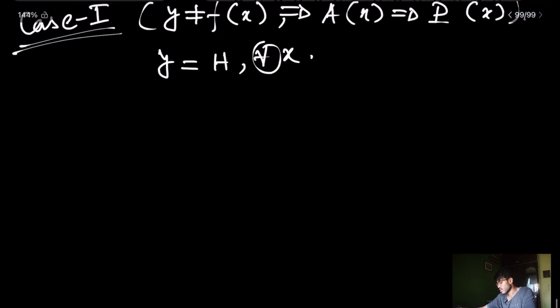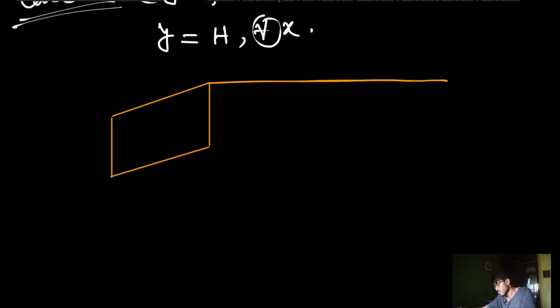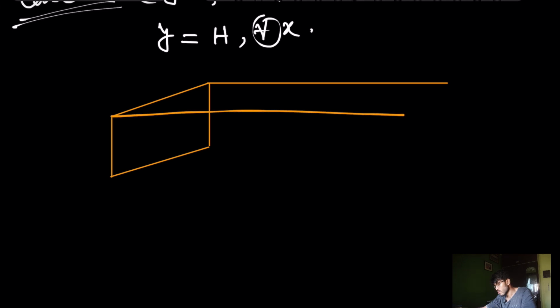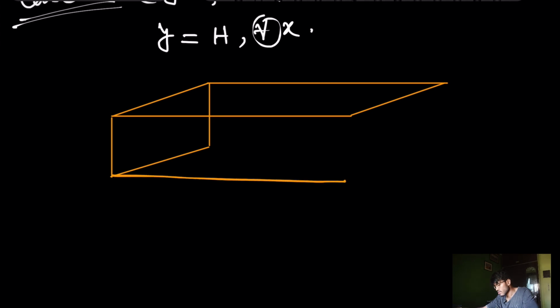Okay, so that means the fin will be a rectangular fin, or a square fin if h is equal to w, and it will be something like this.